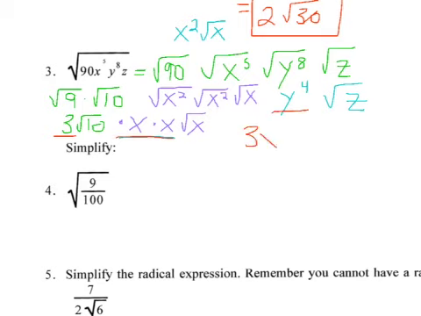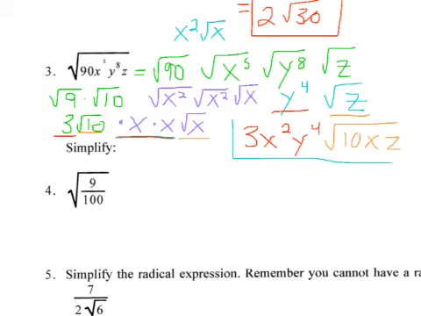So 3 x squared y to the 4th, and we have a square root 10, a square root x, and a square root z. So inside the square root will be 10xz. So the final answer for this problem is 3x squared y to the fourth square root 10xz.